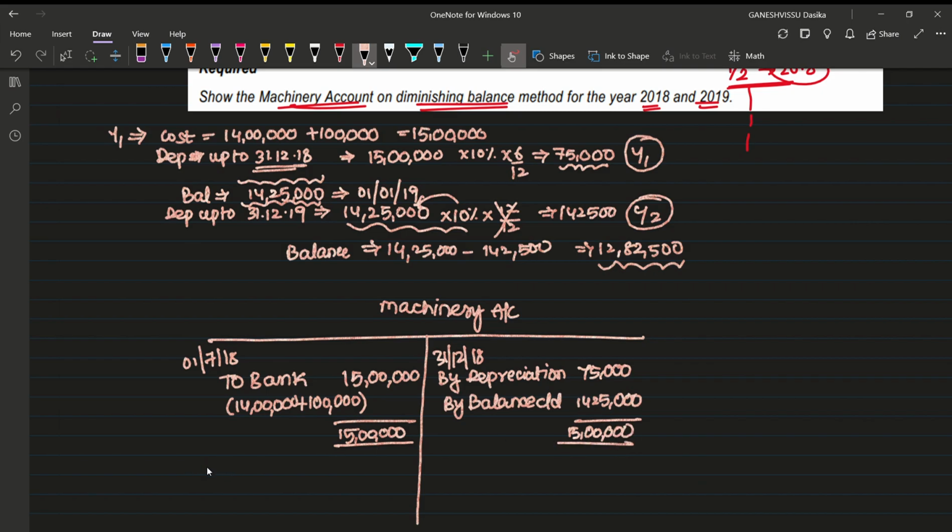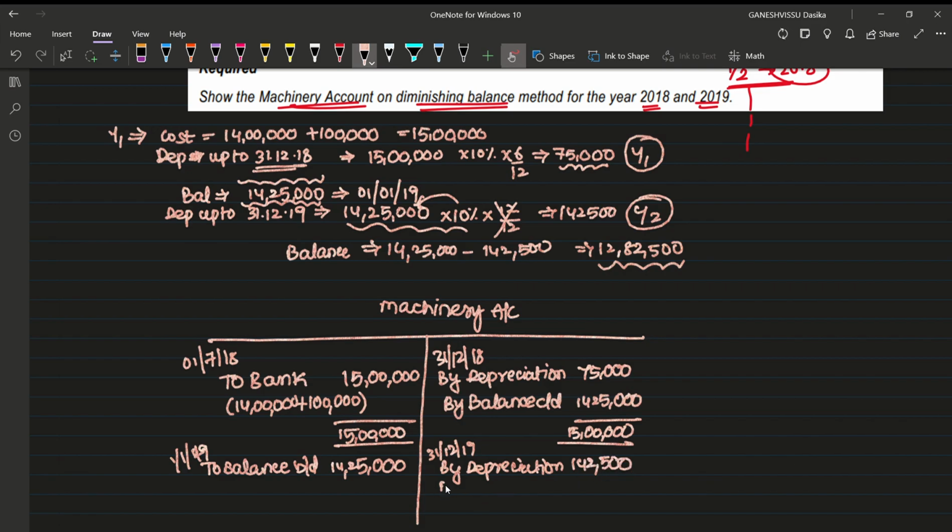And to balance brought down on 1st January 2019, to balance brought down 14 lakhs 25,000, and on 31st December 2019 again an entry will be made. So by depreciation for 1,42,500, we have seen the amount.